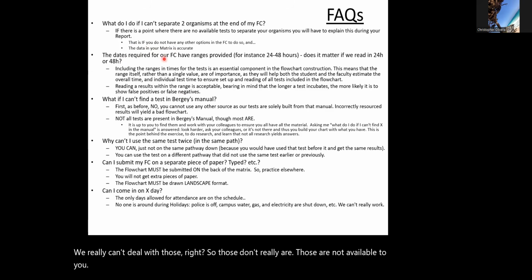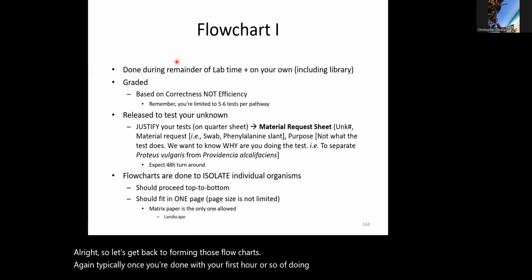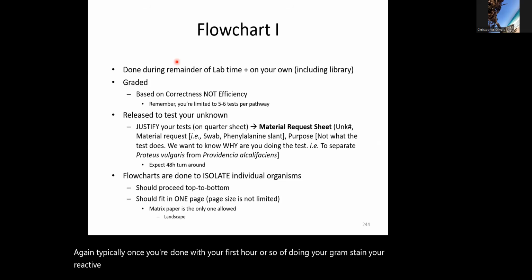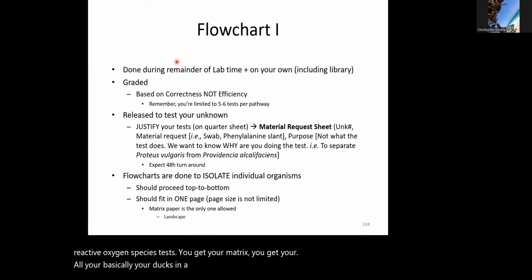All right, so let's get back to forming those flowcharts. Typically, once you're done with your first hour or so of doing your gram stain and your reactive oxygen species tests, you get your ducks in a row and request your matrix, and then we give you your bug list with it.